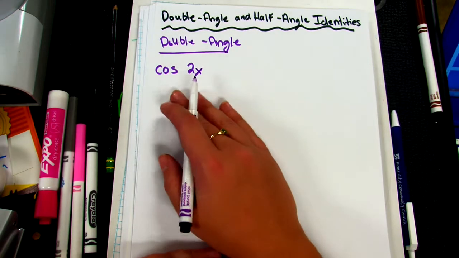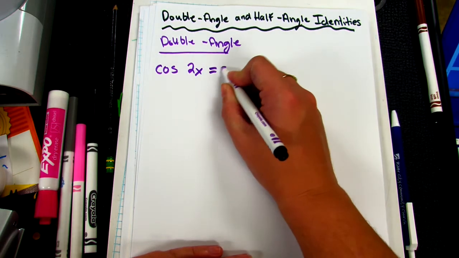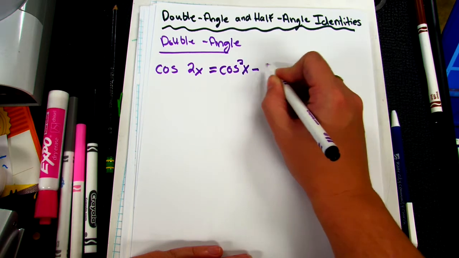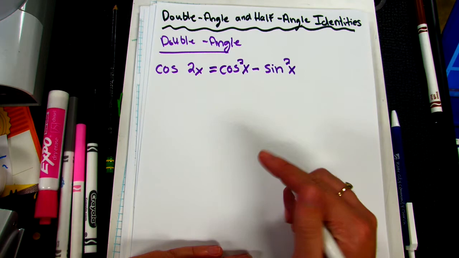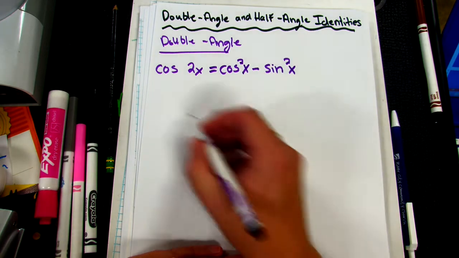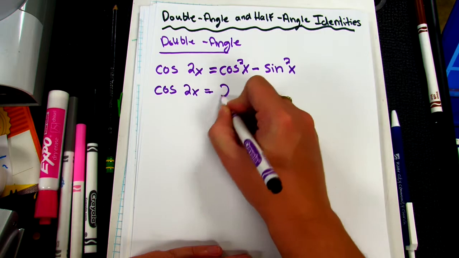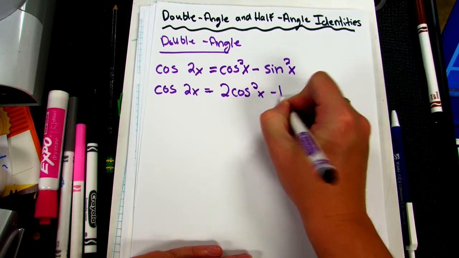One identity says that cosine of 2x is equal to cosine squared x minus sine squared x. Another identity says that cosine 2x is equal to 2 cosine squared x minus 1.